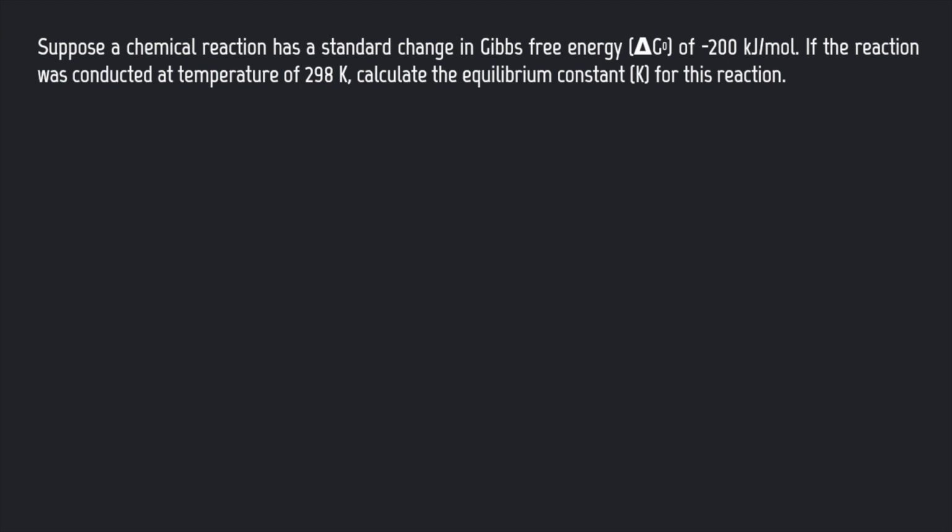Right, the first thing that we need to do is we need to look at the data that we have. So given here the Gibbs free energy is -200 kJ per mole. So what we want to do is we need to convert this kilojoule per mole into joule per mole. Therefore, we can write your Gibbs free energy is equivalent to -200 kilojoule per mole.